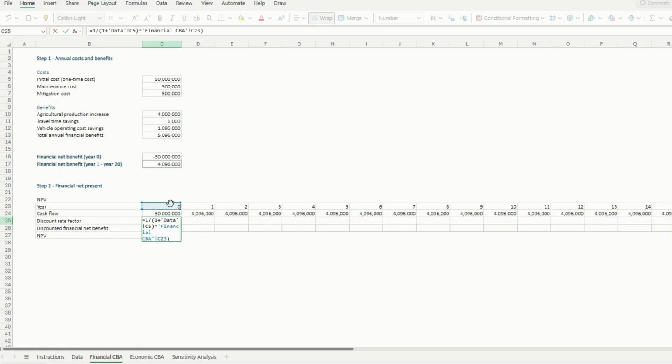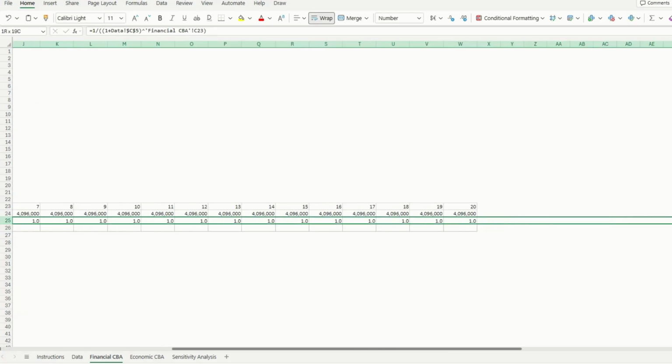I'm going to add a parenthesis here, another parenthesis here, and lock these cells. So let's drag the formula so we can calculate the discount factor for all the years.